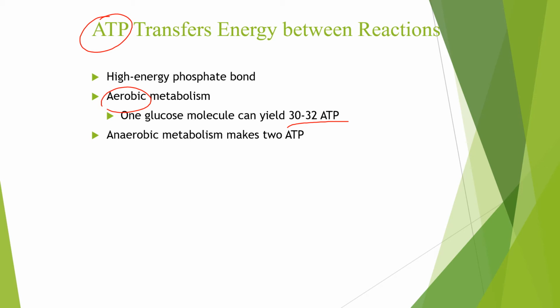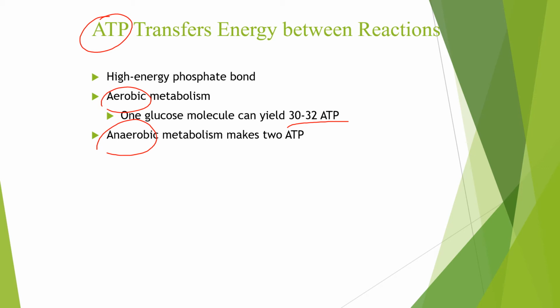Now, the reason it's called aerobic is because we need oxygen to go through aerobic cellular respiration. But if your body doesn't have enough oxygen, we go through something known as anaerobic, meaning you don't have enough oxygen.